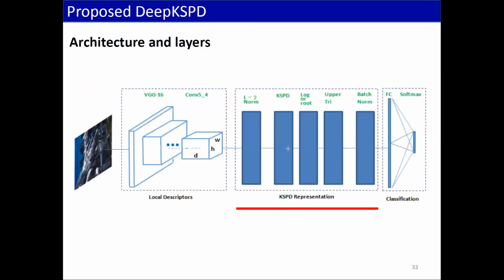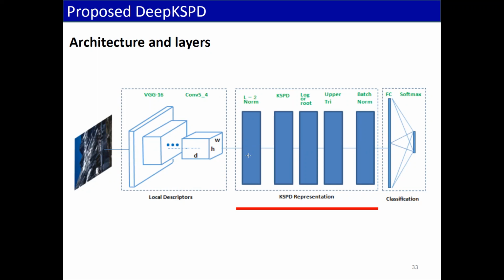Again, you can see that our deep neural network follows the mainstream structure. That is, an image goes through a backbone, for example, VGG16, then we obtain the last convolutional feature maps. Then we reshape these convolutional feature maps into a set of three-dimensional deep local descriptors. Based on them, we can calculate the covariance matrix or the kernel matrix. Here, we calculate the Gaussian RBF-based kernel matrix.